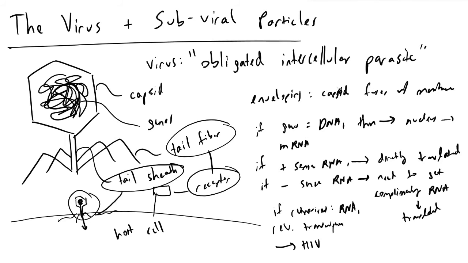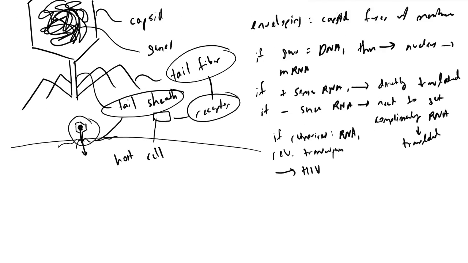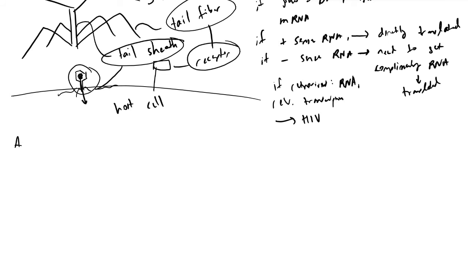And so what happens next after the virus has bound to the cell, injected its genome or genes, and the genes have been translated into proteins to create the progeny? The next step is that somehow the progeny will need to be exported from the cell to go infect more cells.